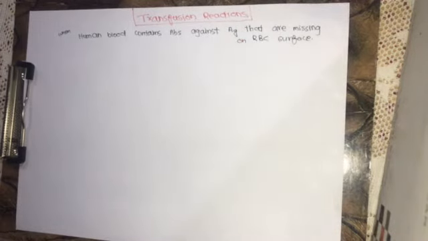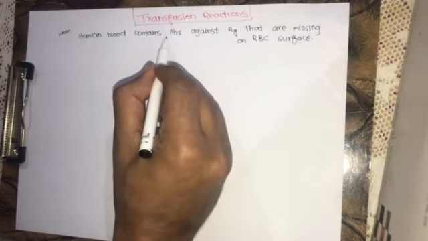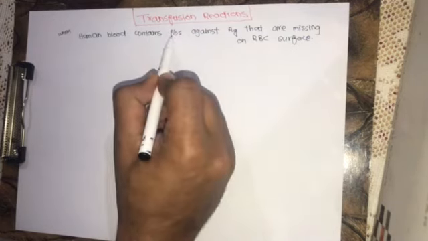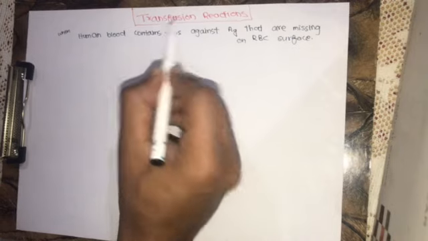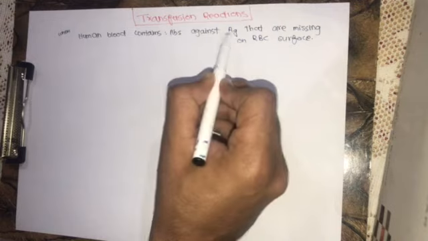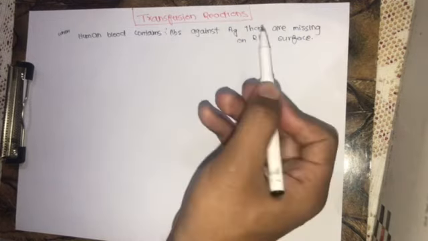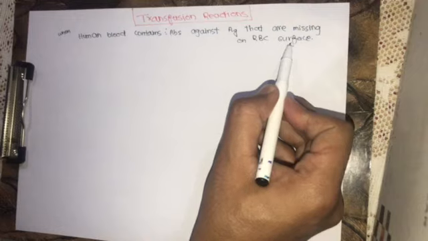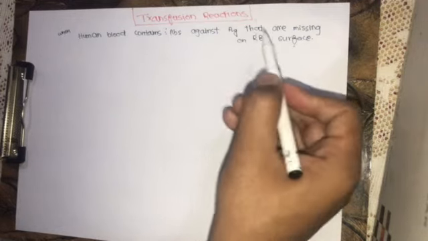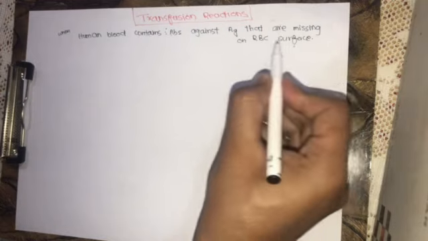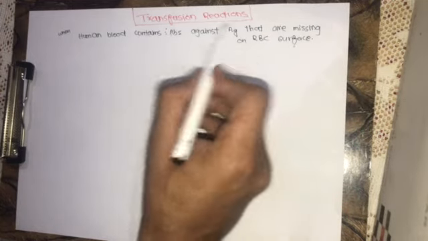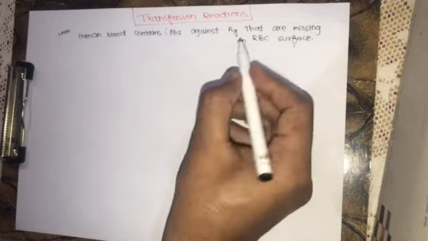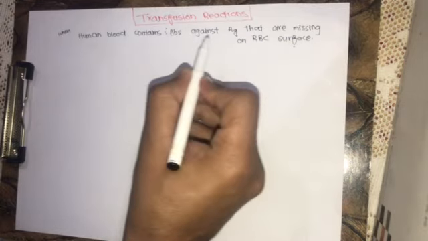So remember this, they will form antibodies only against those antigens that are missing on the RBC surface. Those antigens that are present on the RBC surface, they won't have any antibodies in their specific RBC. So I hope you got the concept.